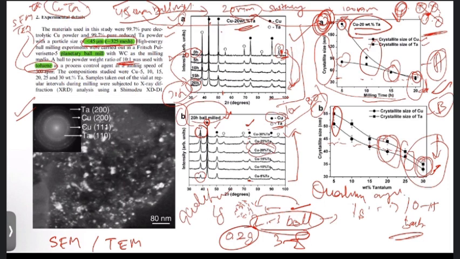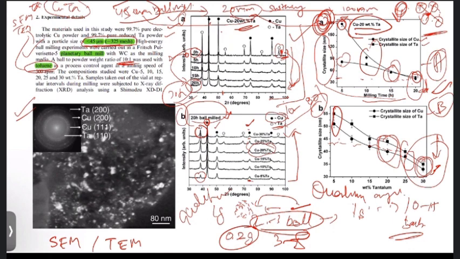The classic way to know whether it is a SEM image or a TEM image is that SEM gives us a 3D point of view, and TEM will give 2D.